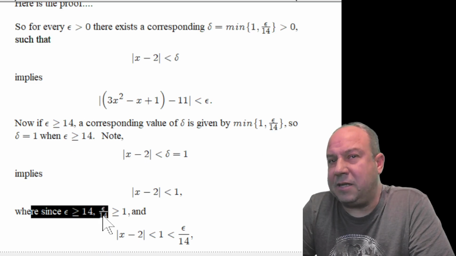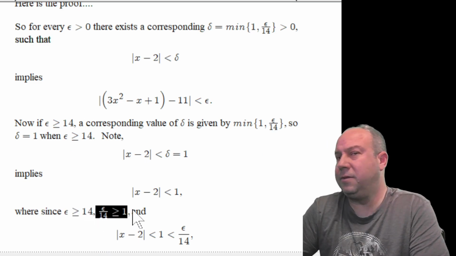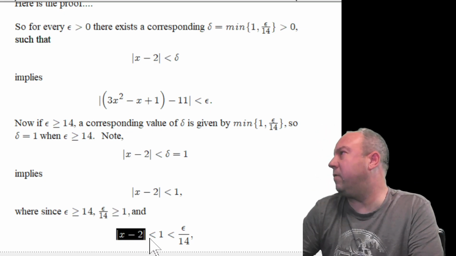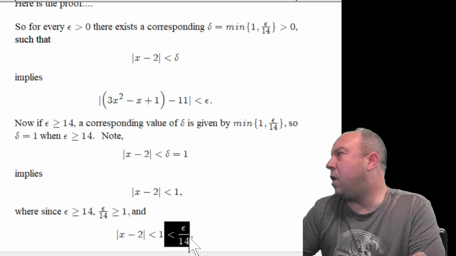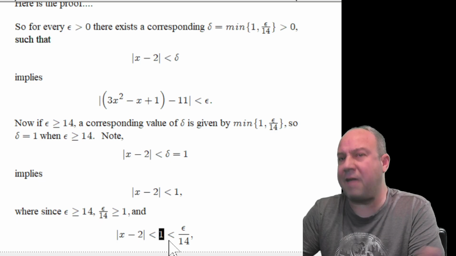Whereas since epsilon is greater than 14, epsilon divided by 14 would then be greater than 1, and we'd be able to say that the absolute value of x minus 2 would also be less than epsilon divided by 14, because it must be smaller than that value, bigger than 1.